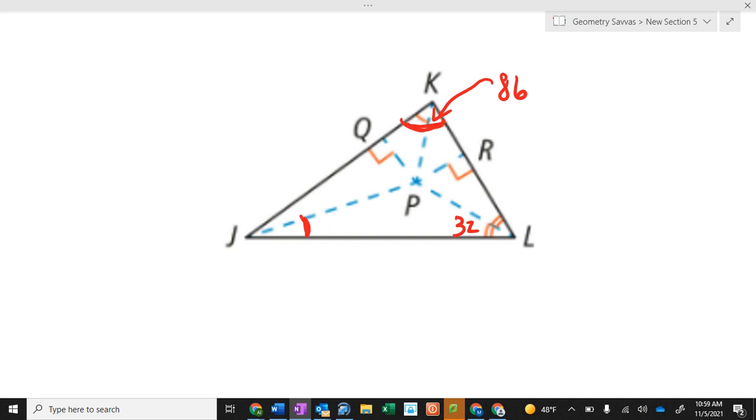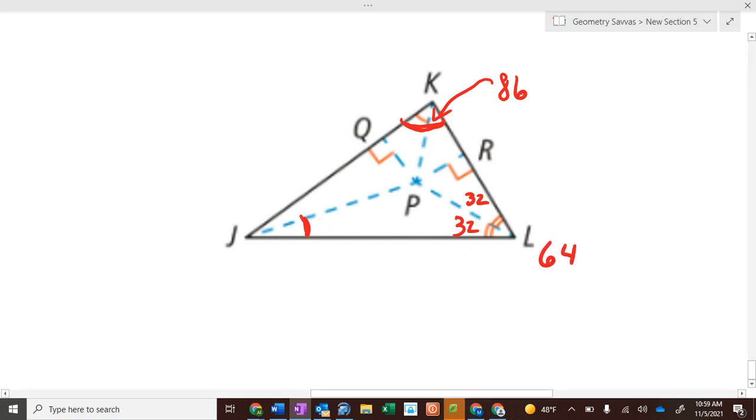What's the other half? 32. Okay, it's an angle bisector, so these have to be both 32. Now, 32 and 32 add up to 64. So this whole angle is 64.